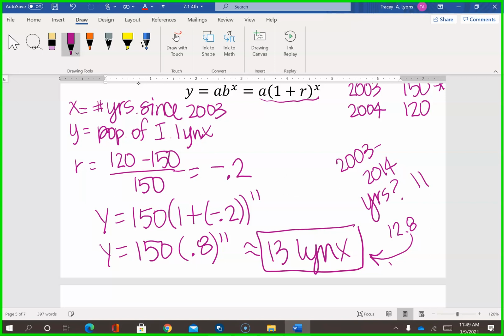So round if you're dealing with people or animals. Now, in science, though, if you were talking about amounts of things that are left, could we do the 12.8 there? Yeah, absolutely. It depends on what you're talking about. If it's something you can measure, then keep the decimal. If it's people or things that you need, then get rid of it.